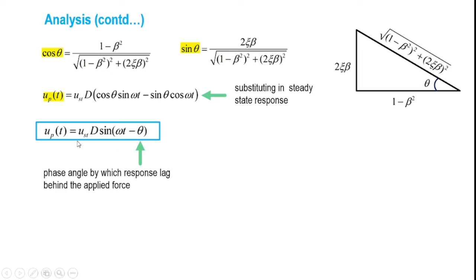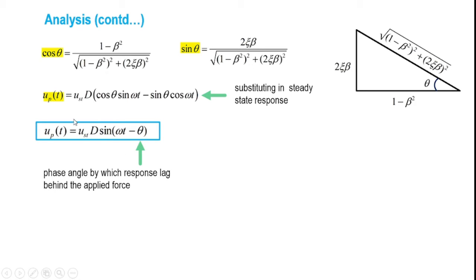Now look here, this expression is very simple. We are now able to represent the steady state response in a more easy to digest form. That is, UPT is equal to UST into capital D into sine of omega t minus theta, which means that the steady state response can be represented by a sinusoidal plot.